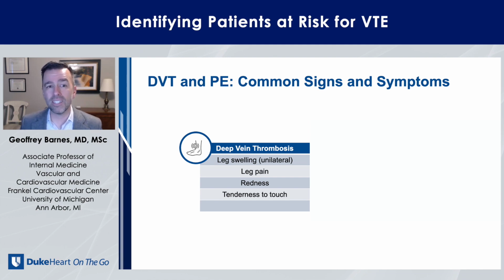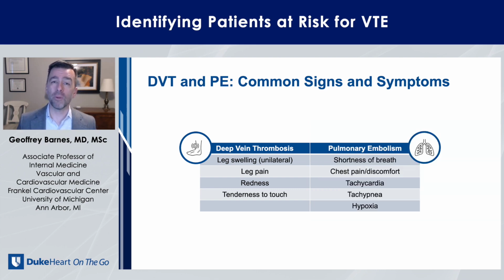For a DVT in the leg, we're looking for leg swelling. It's usually unilateral, leg pain, redness, and tenderness to touch. For a patient who may have a pulmonary embolism, we want to look for things like shortness of breath, some sort of chest pain or discomfort, often with tachycardia, tachypnea, and even hypoxia.